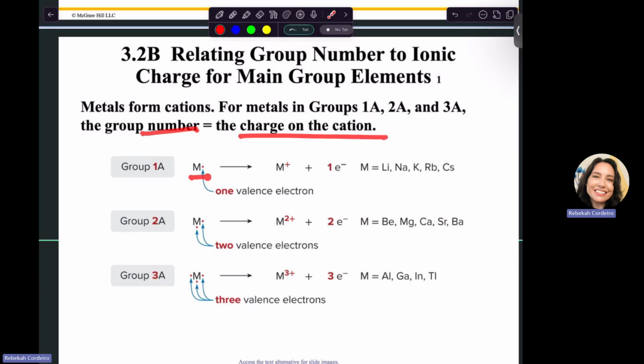So group 1, +1; group 2, +2, because they have two valence electrons, they're going to lose 2. And then group 3A, or what we know as group 13, is going to have a charge of +3. These are some examples, M standing for metals in those groups. Metals like to lose electrons.